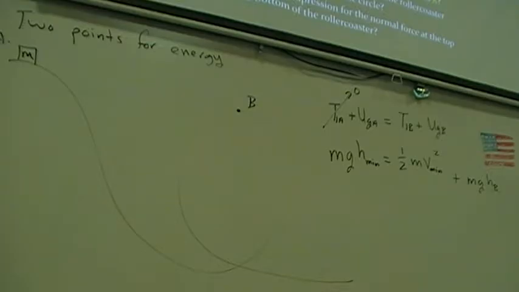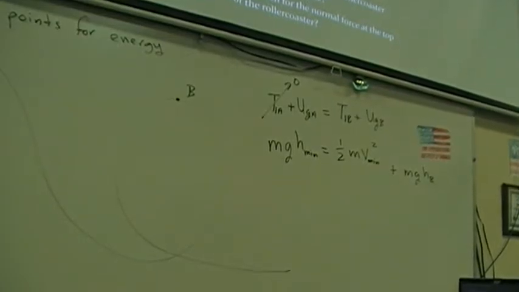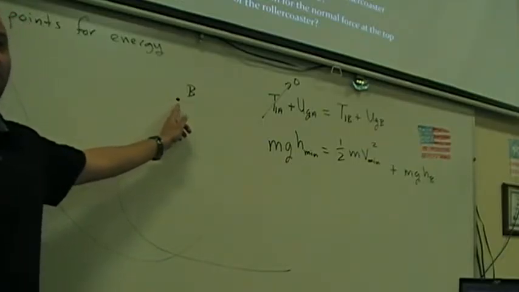Mr. Vargas, why isn't the T1B 0? That's a good question. So Jasmine wants to know why is it that we don't say that T1B, or the kinetic energy at point B, is 0? Because it has to move. So if it's 0 up here, that means that we are stopping.